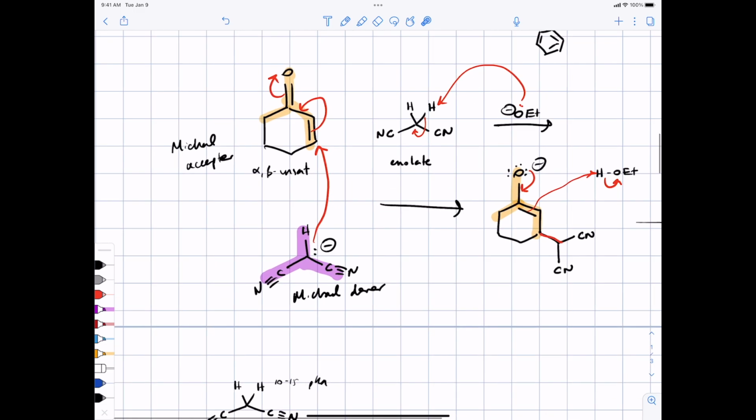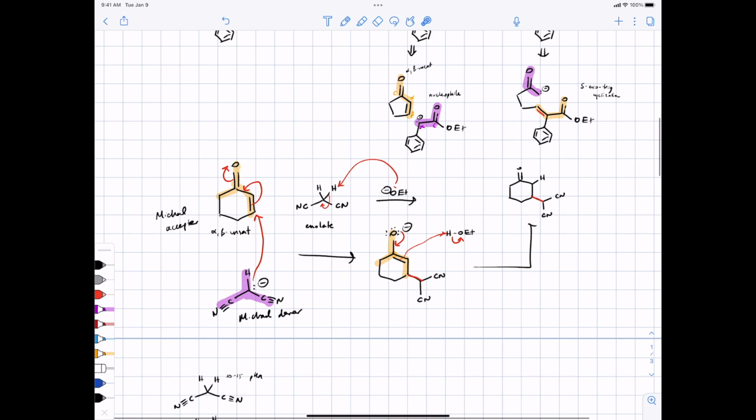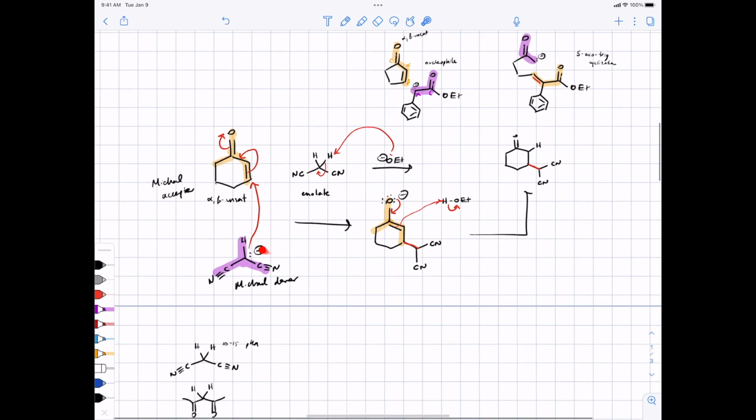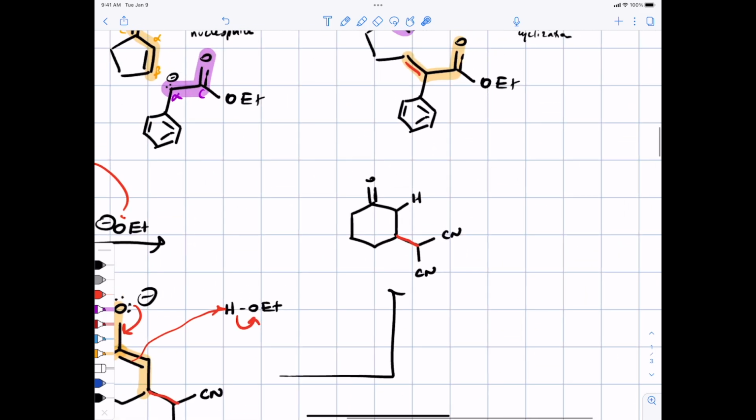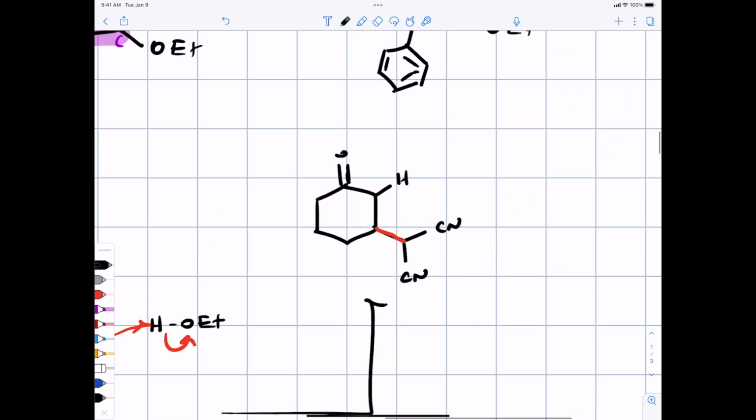The one thing that's likely to happen here is when you want to just do a Michael reaction, you often choose a beta dicarbonyl compound as your Michael donor. Just think about it at this step, once you get to the Michael product. If we were going to go on to do something else, it would need to involve this proton.